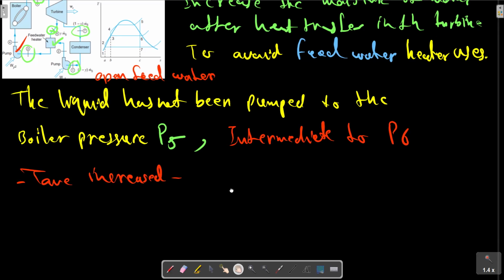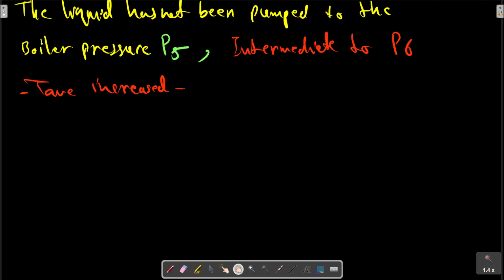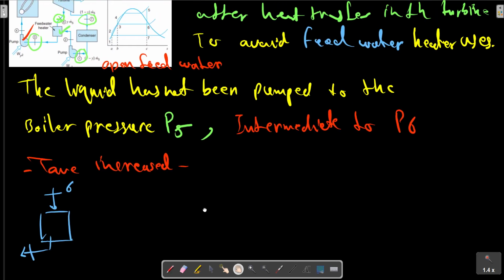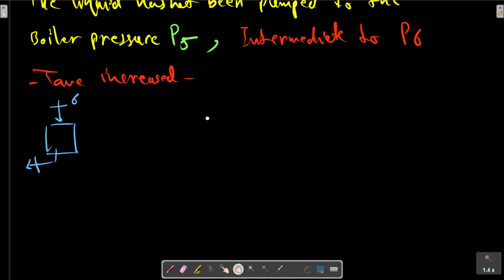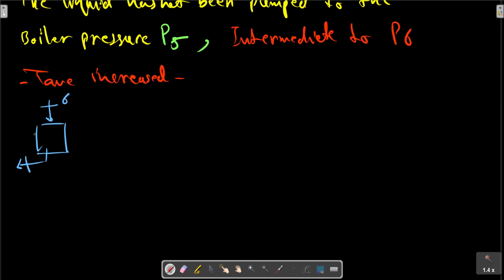For continuity, we have the feed water flows m dot 2, m dot 6, and m dot 3.